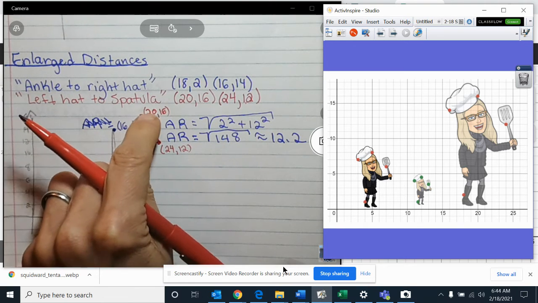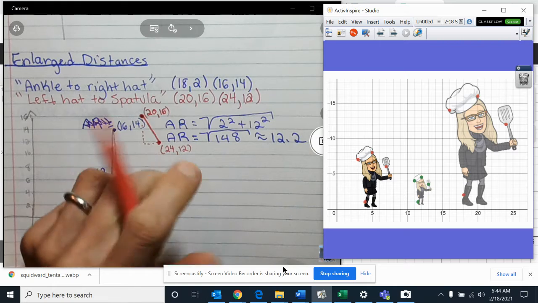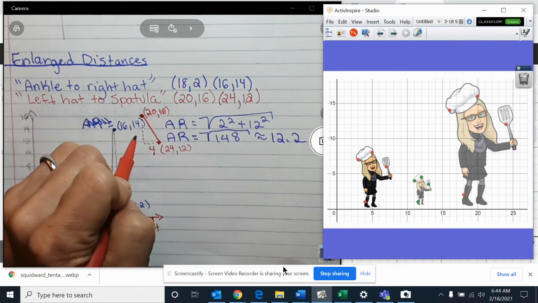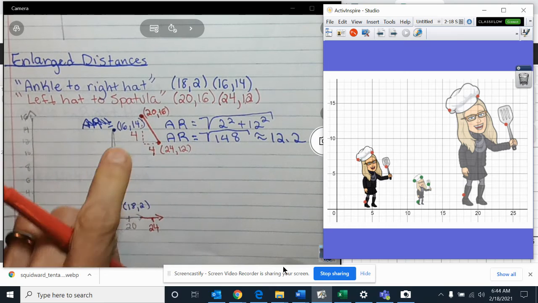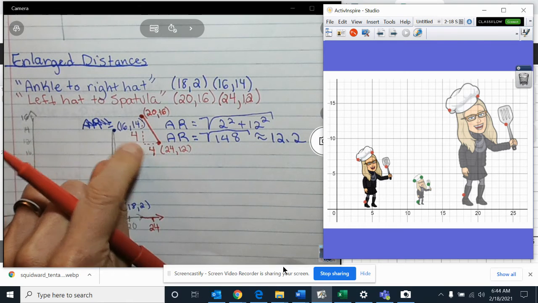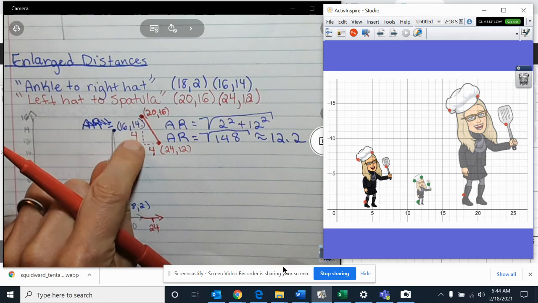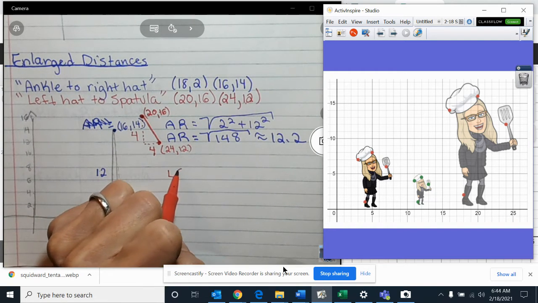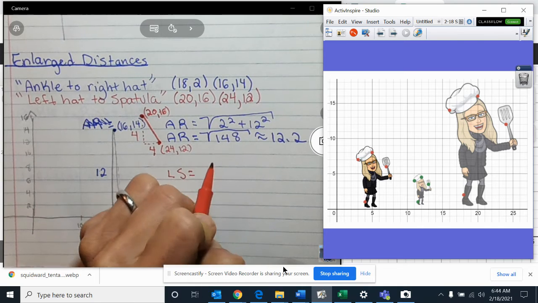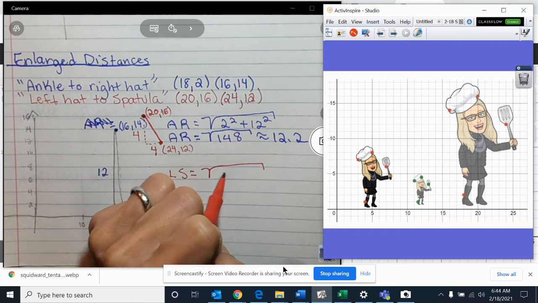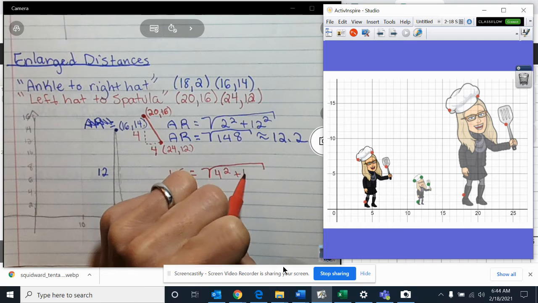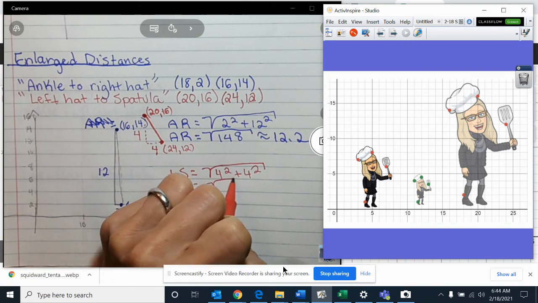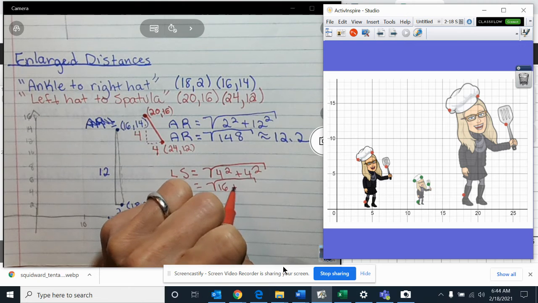If we notice 20 and 24, there are 4 spaces. And then 12 and 16, another 4 spaces. So we have an isosceles triangle here. And so from the left hat to the spatula, we get the square root of 4 squared plus 4 squared, which becomes 16 plus 16.